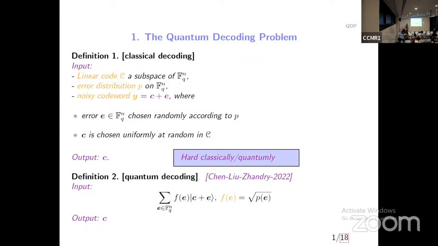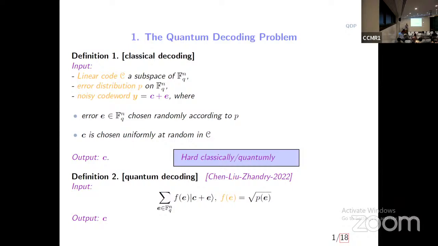It turns out that even for very simple cases, where the linear code has dimension n over 2, let's say, and a rather natural error distribution, this problem is extremely hard. For natural choices of error distribution, the best classical algorithms for solving it are exponential in n, and the best quantum algorithms are also exponential.